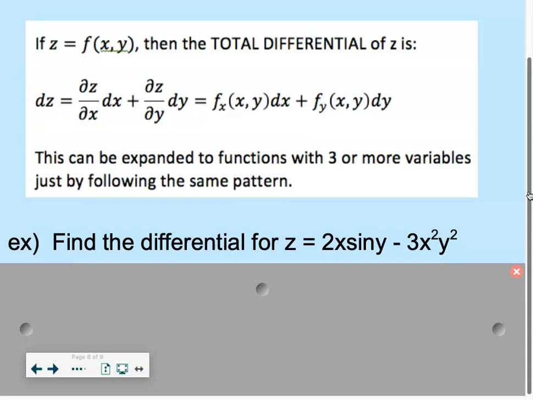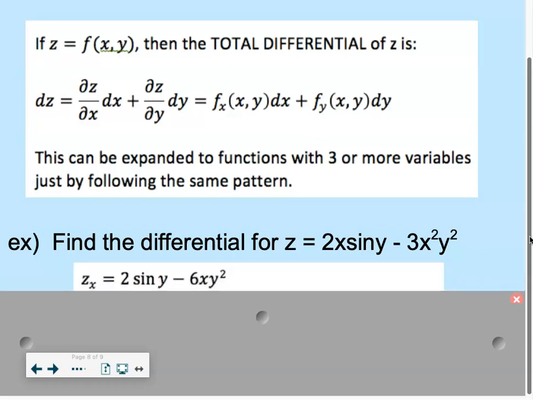So take a minute, see if you can figure out how you would write the differential for z equals 2x sine y minus 3x squared y squared. Okay. All right, so your partial x would be 2 sine y minus 6xy squared, right? Everyone get that for partial x?